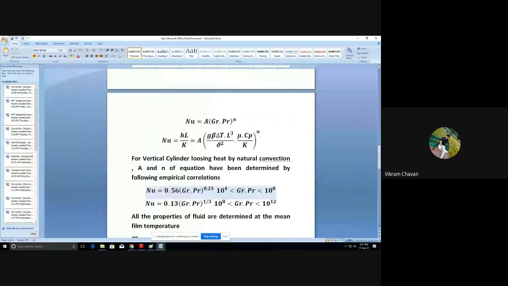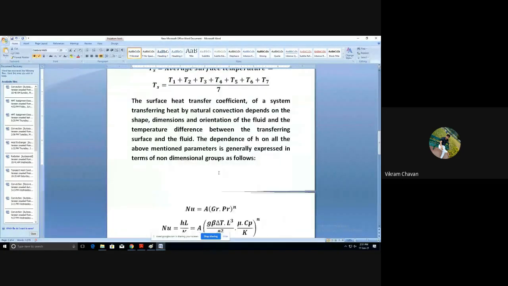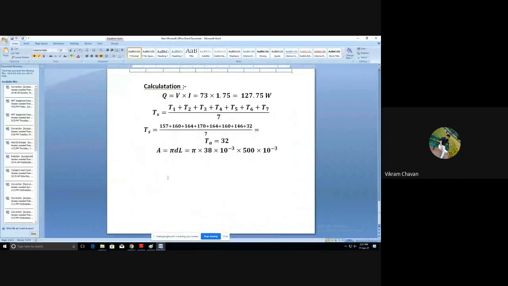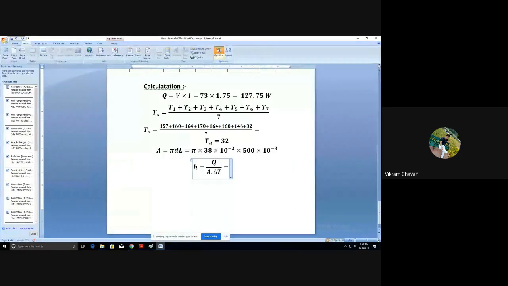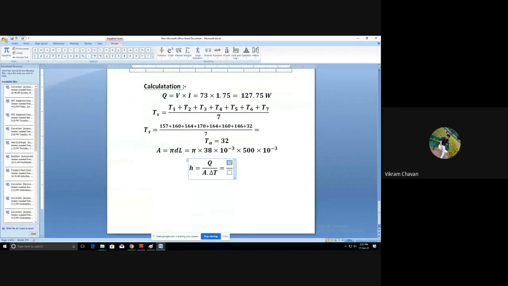I will take the h formula directly. h is equal to Q, 127.75, divided by area.